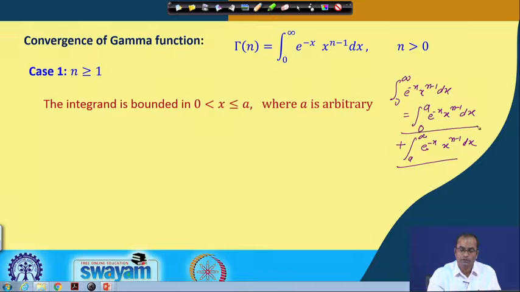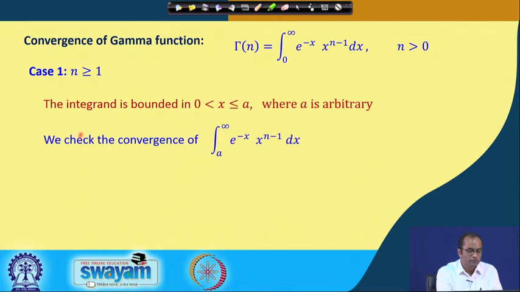So, this part here is when n is greater than or equal to 1. There is no singularity, no unboundedness coming here due to this part, and this is nice, e power minus x. So, that means this integrand is bounded in 0 to a, whatever a we choose here.